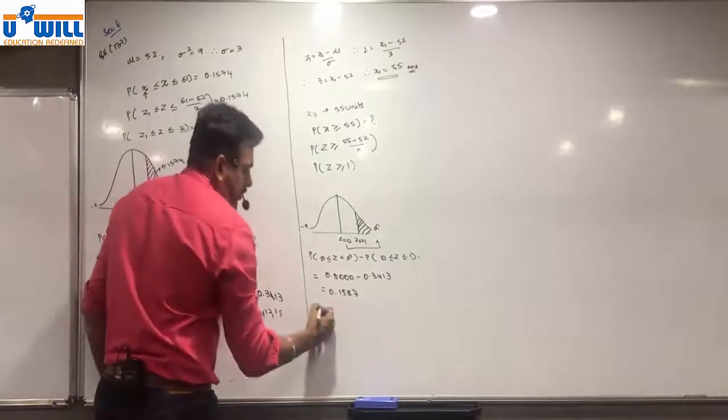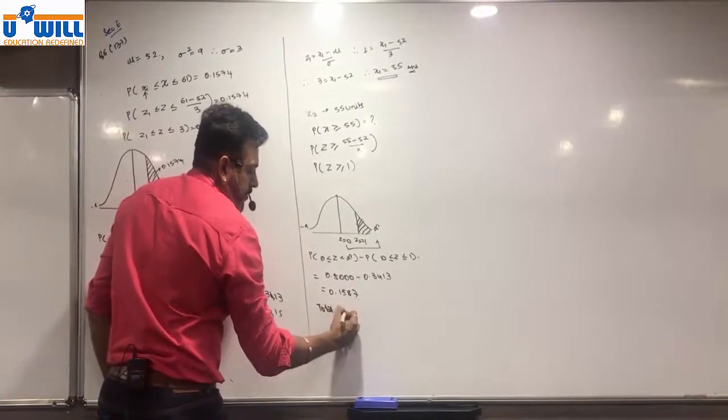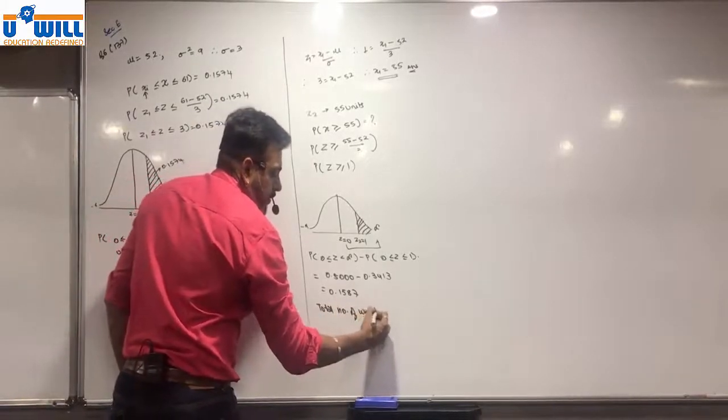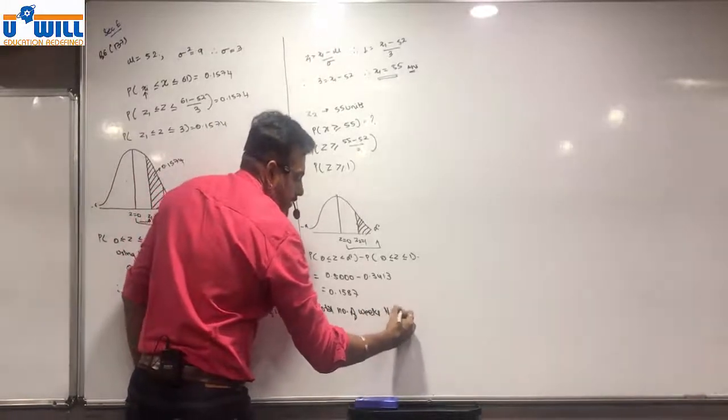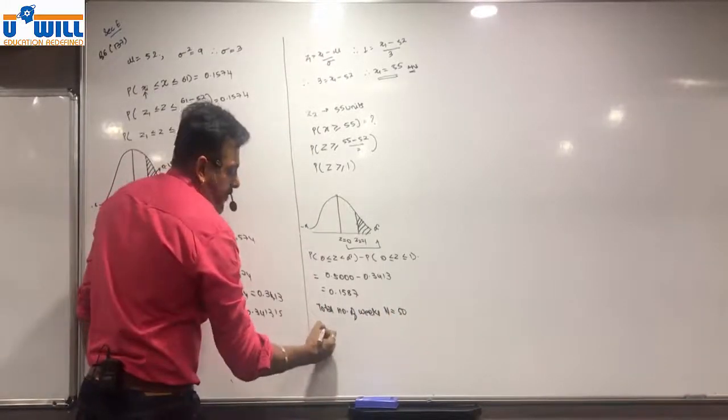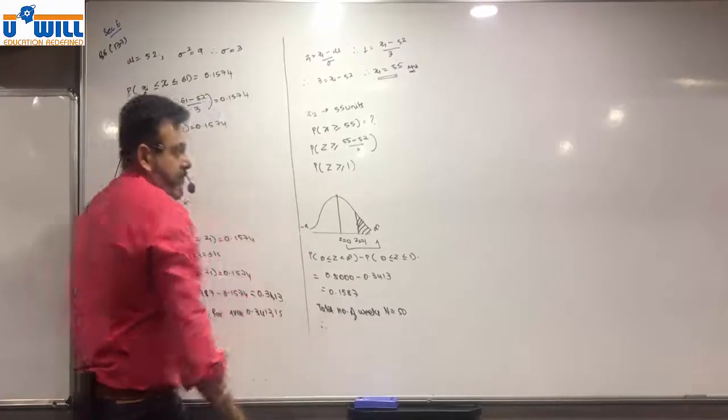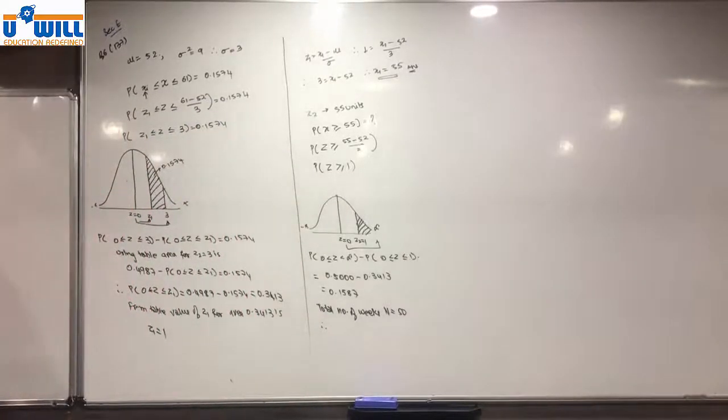Okay, now we write total number of weeks. What are the total number of weeks? Capital N is equal to 50. Therefore, what is asked in the question? Estimate the number of weeks.